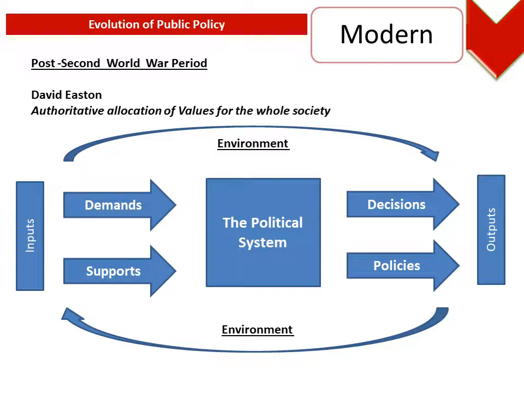So the demands also come as an input to the political system. Again, the demands and supports come to the inputs part, and go to the political system, and are converted into decisions and policies. It's a process going on continuously. So this is the system theory put forward by David Easton.